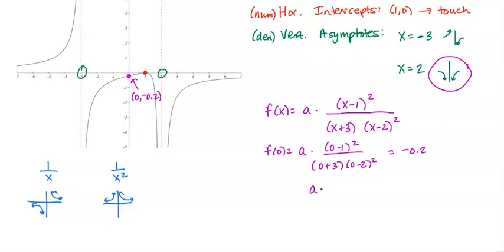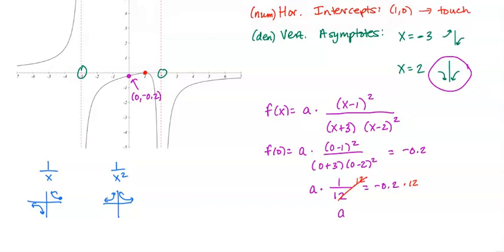So we have a times (-1) squared, which is 1, over 3 times (-2) squared, so 3 times 4 is 12, is equal to -0.2. To get rid of that 1/12, you can think of dividing both sides by 1/12, or dividing by 1/12 is the same as multiplying by 12 on both sides of our equation.